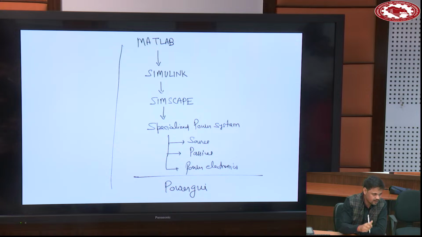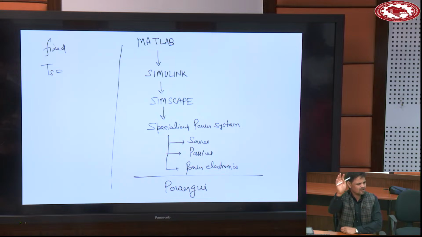So some setting symbol is there. You will click on that. You will find whether it is continuous or discrete. That is in the solver. Please choose variable time or fixed time. So use fixed. Choose fixed and choose Ts as the sample time. Solver should be auto, no issue.